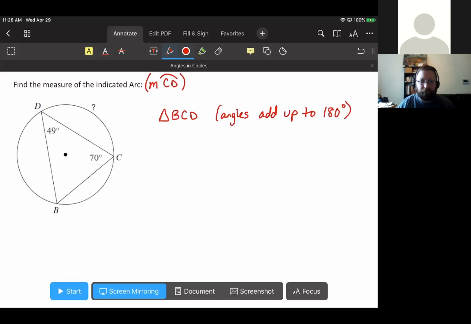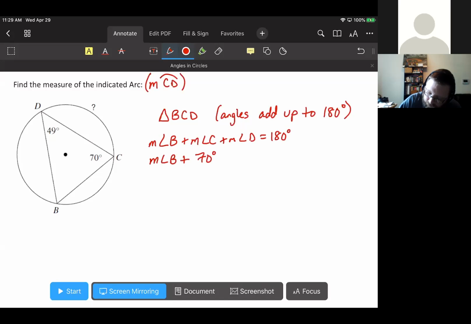So the measure of angle B plus the measure of angle C plus the measure of angle D is 180 degrees, because every triangle adds up to 180 degrees. So we plug in what we know. We don't know angle B. We know angle C is 70 degrees, and we know angle D is 49 degrees, to get 180. And we solve.